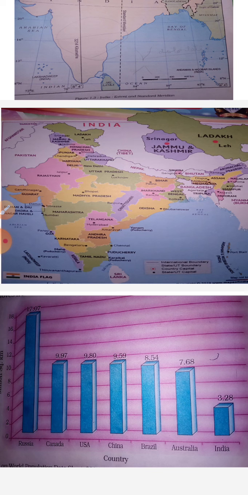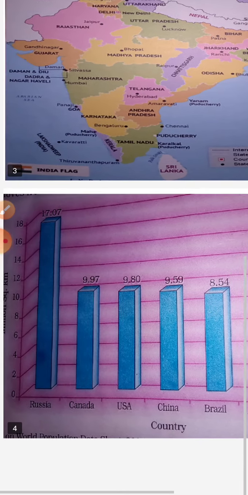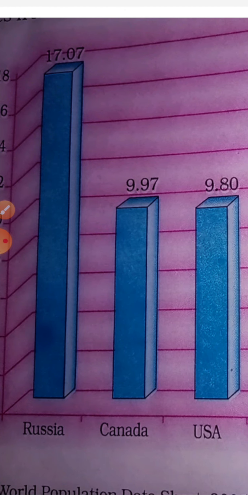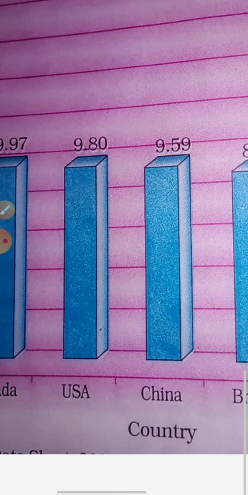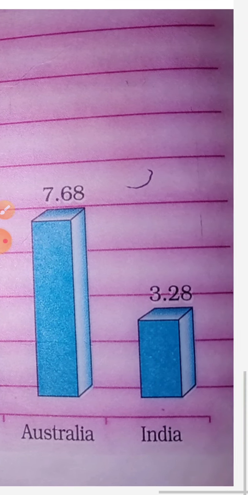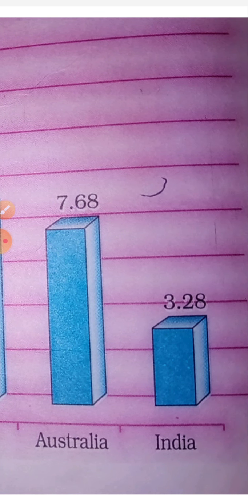So there are 6 countries which are larger in size than our country: Russia, Canada, USA, then China, Brazil, Australia, and our country has the 7th position.